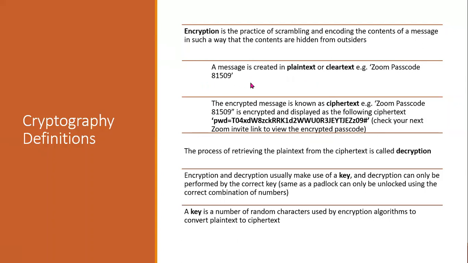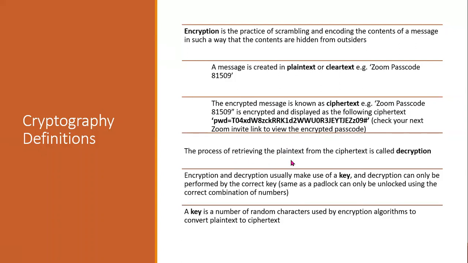That is simply your passcode from this slide, 81509, that has actually been encrypted, scrambled. So make sure you check your next Zoom invitation link to view the encrypted passcode.